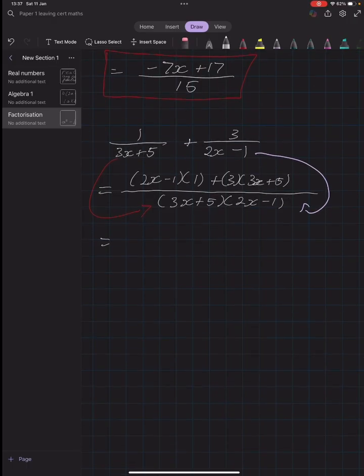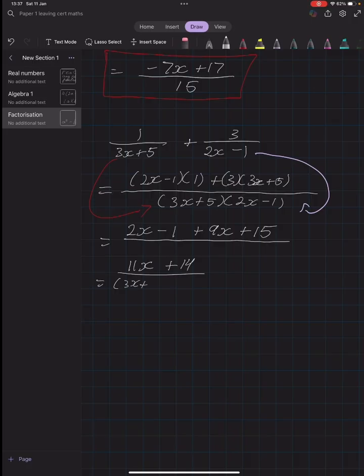So here, this is 2x minus 1 plus 9x plus 15 all over that fraction. I just can't be bothered to write it. So 9x plus 2x is 11x plus 14 all divided by 3x plus 5 and 2x minus 1. So that's that.